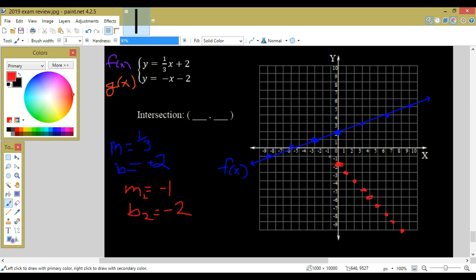Up 1, left 1. Up 1, left 1. And you could go ahead and stop here since we already see where our intersection is, and that's what we're actually looking for.